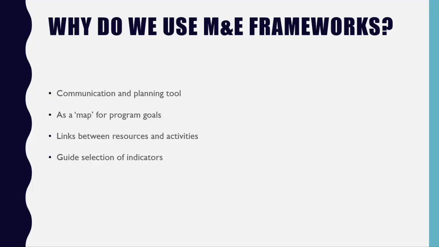So when you have this clearly defined, clearly agreed by everybody involved, you find that the M&E system itself will be running. And that's what we all want. We want a successful M&E system running. It links between resources and activities, okay? And it also guides selection of indicators.